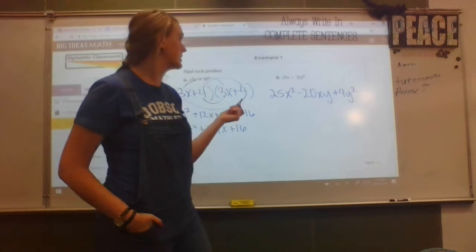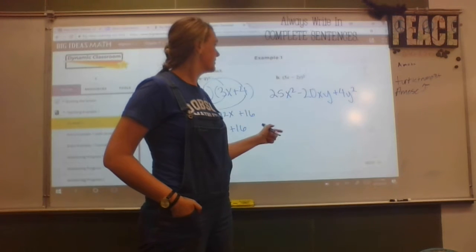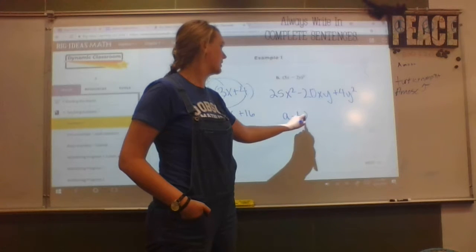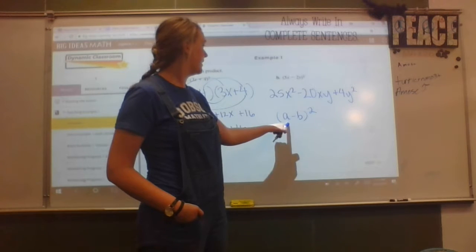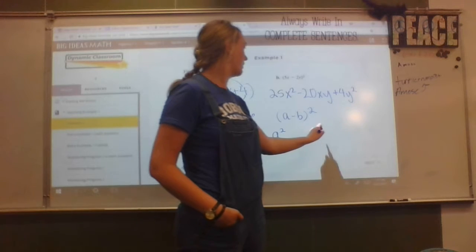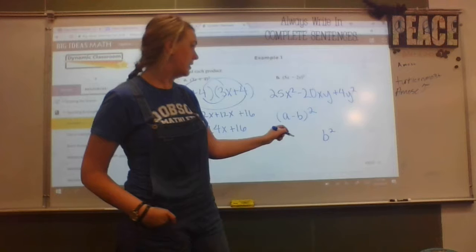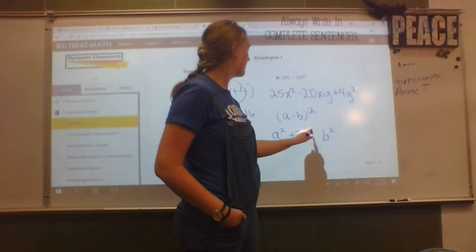So right there where it says special product, what do we do when we're squaring a binomial? So if we have something minus something squared, the formula is that I can square my first term, square my last term, and then my middle term becomes 2 of the first and last together.